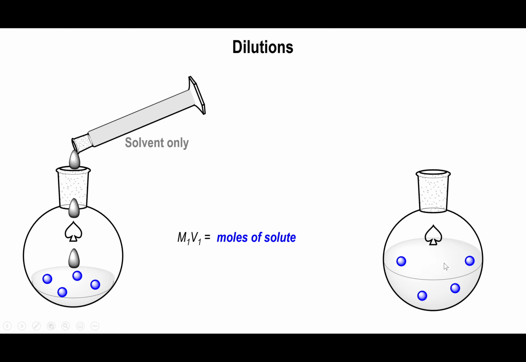This is a bigger volume than you had before, and the concentration is no longer the same because the concentration is given by the ratio of moles over volume if we think of molarity. And so this has its own molarity and now it has its own volume, but it doesn't change the fact that if you multiply this new molarity by its new volume, it will have to still give you the same number of moles because we didn't introduce any new moles of solute into the system.